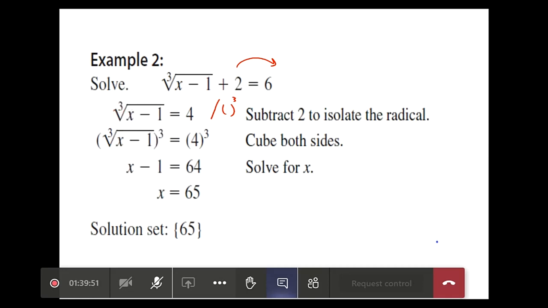Okay, so remove this one, and 4 to the power 3: remove the power 3 with the cube root, so we put x minus 1, and 4 to the power 3 equals 64. 4 multiply 4 is 16. 16 multiply 4 is 64. Okay, and move the negative 1 to the other side, so we have 64 plus 1. Why don't we put plus or minus, positive and negative? Why?